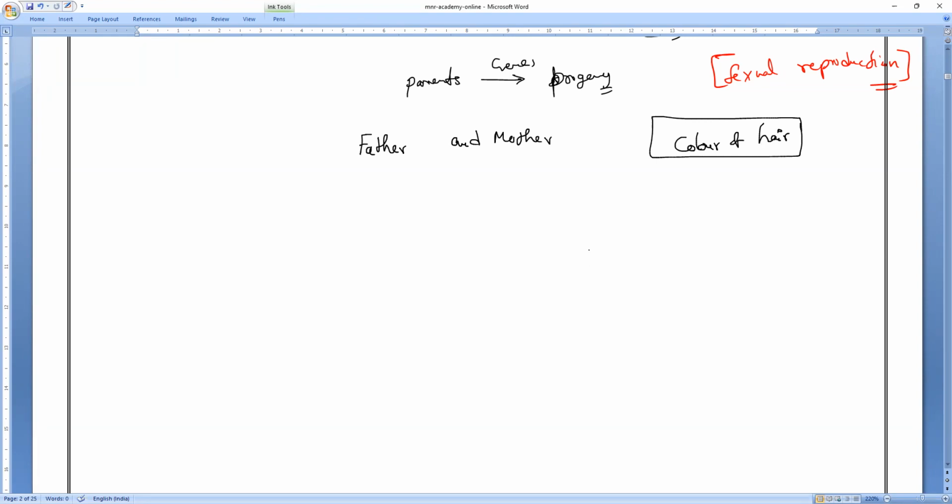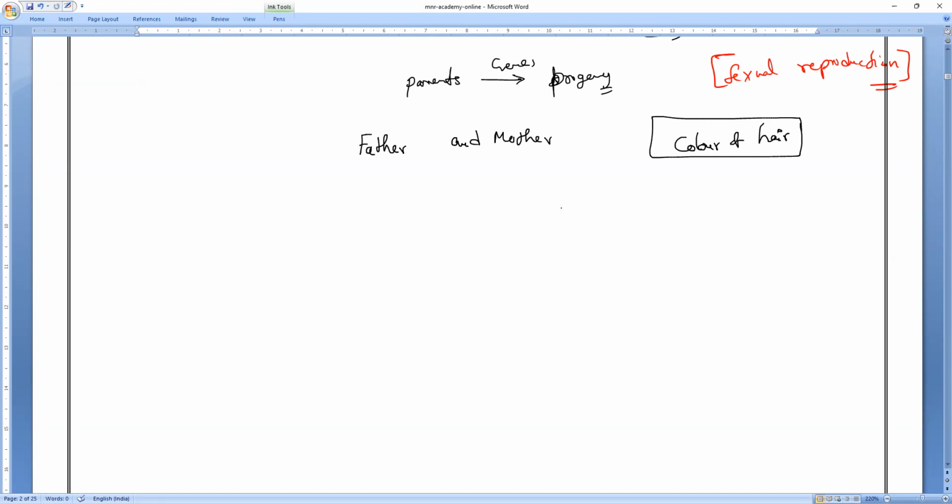Remember that black hair is a phenotype which is produced by the genotype of two things. You can take it as the dominant one.